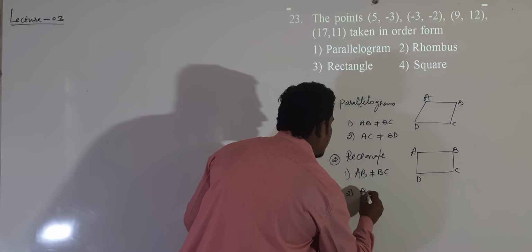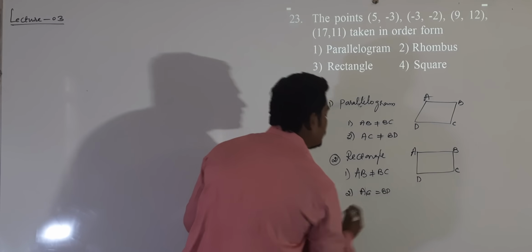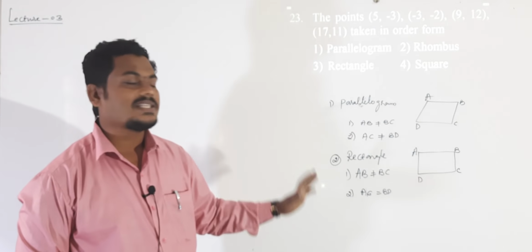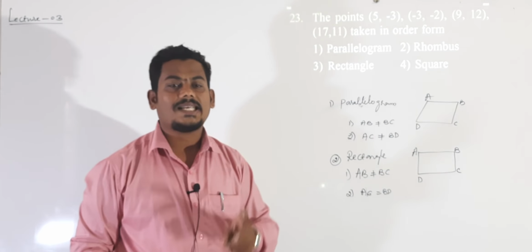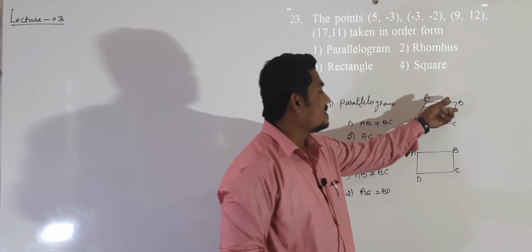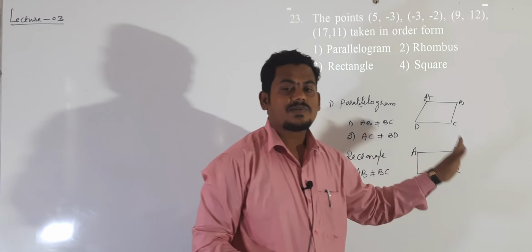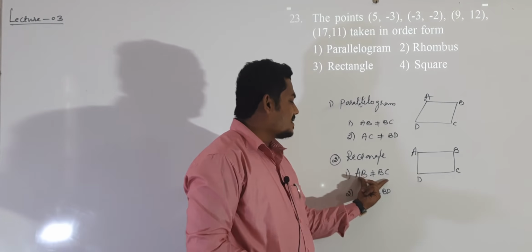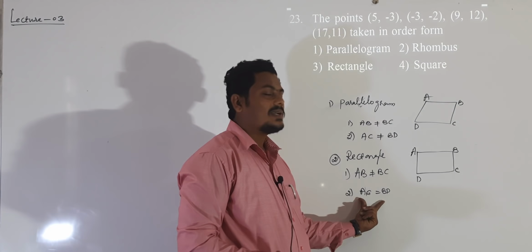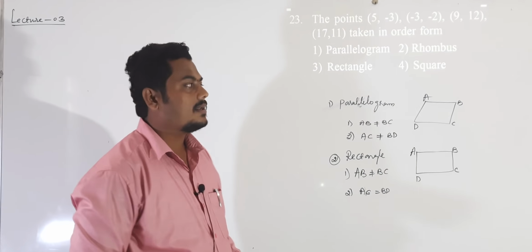AC diagonal is same as BD diagonal. If AC diagonal is same as BD diagonal and adjacent sides are unequal, then the quadrilateral is a rectangle. Adjacent sides unequal, diagonals are also unequal, then the quadrilateral is a parallelogram. Adjacent sides unequal, diagonals equal means a rectangle.